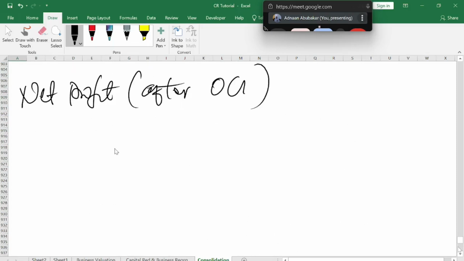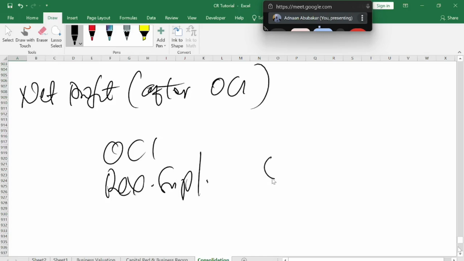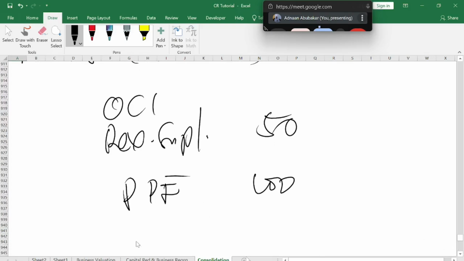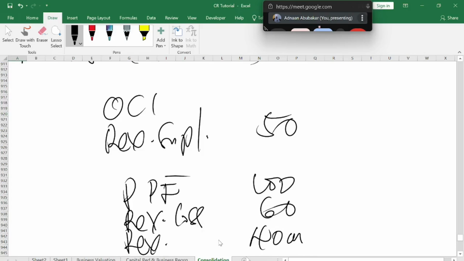And in a real situation where you have an OCI item, for example, maybe a revaluation surplus sitting in your books, and it was maybe 50. Subsequently, you calculated the revaluation again. Maybe you have PPE assets, and the PPE was 100 million. Now after you did the revaluation, the PPE is 40 million. So there is a revaluation loss on this PPE of 60 million, right?